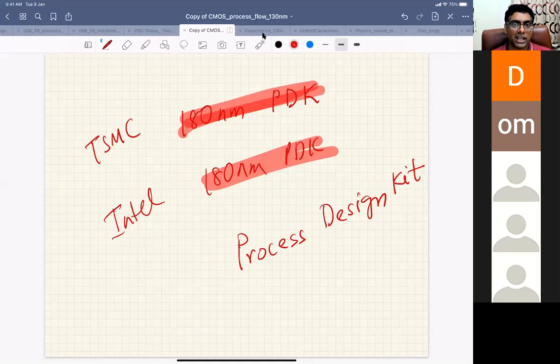Even in the 180 nanometer CMOS node, a TSMC transistor may behave differently compared to Intel transistors, right? Their universal curves might be different. They just tell you, okay, this is the 180 nanometer CMOS node, but if you go inside, they are foundry specific, they are company specific, right?